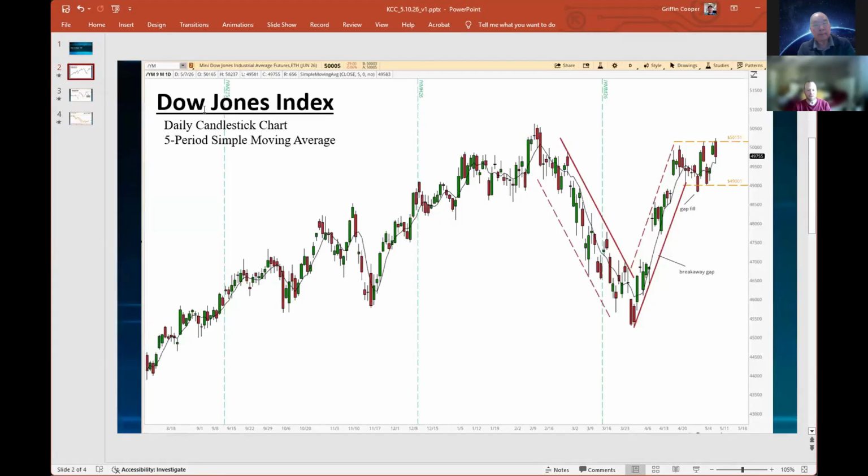So this was taking a step back, looking at the daily candlestick chart. We had that big sell-off and then the big move back up, these gaps. Then price is right now pretty sideways. It's bouncing back and forth and oscillating. This is a 5 period moving average just to get a little more structure in there.